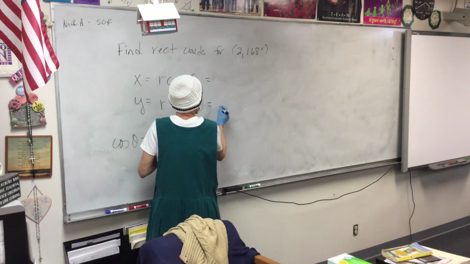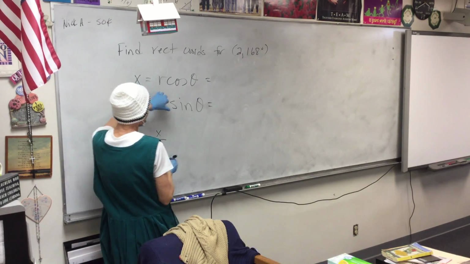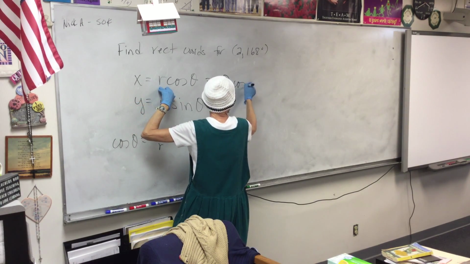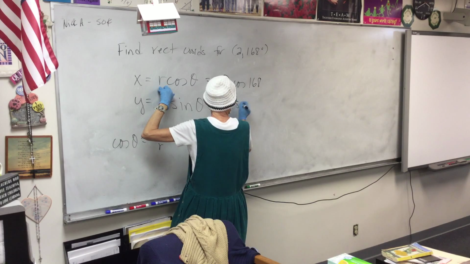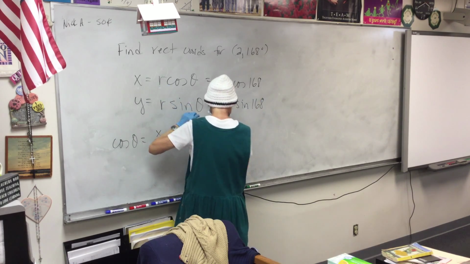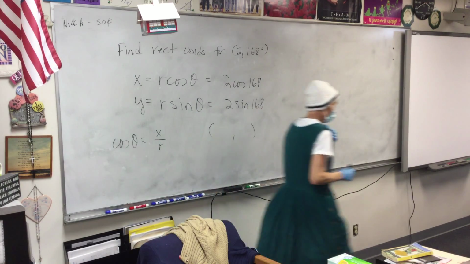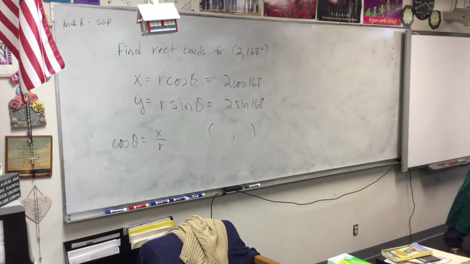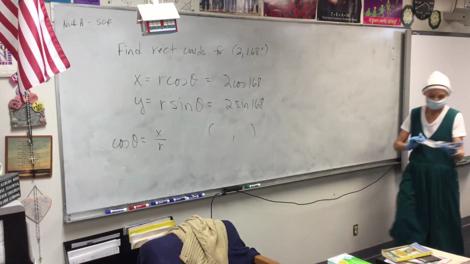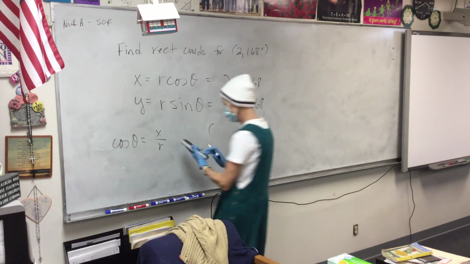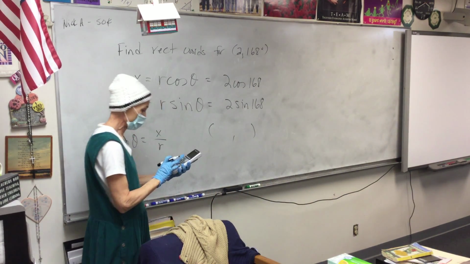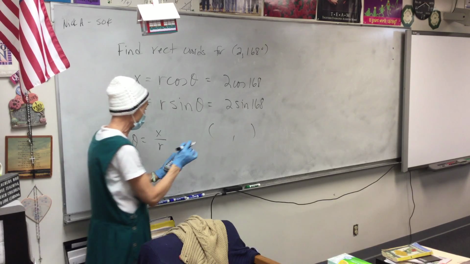So, if I want my rectangular coordinates, x will equal 2 cosine 168, and y will equal 2 sine 168, and I can type that in on my calculator and come up with the answer, and it's that easy. Okay? Absolutely nothing to be concerned about with that problem.